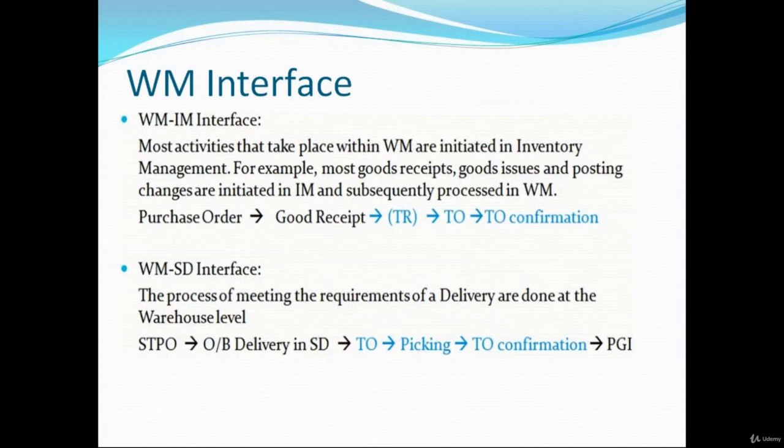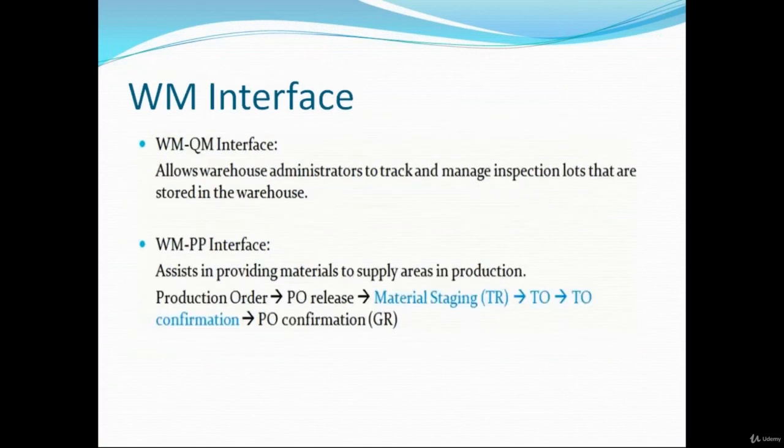Then the TO will be created, and as per the TO, the picking will be performed. Then TO confirmation is done so that the WM posting will be confirmed. Then we do the post goods issue. So over this cycle, the WM posting happens first, then the IM posting.